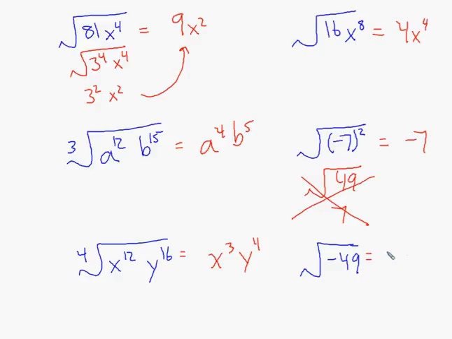And the last one, we are not in the real plane, right? We could say 7i. We could say that, but for this chapter we are not going to worry about it. So that's an important fact. A root undoes an exponent.